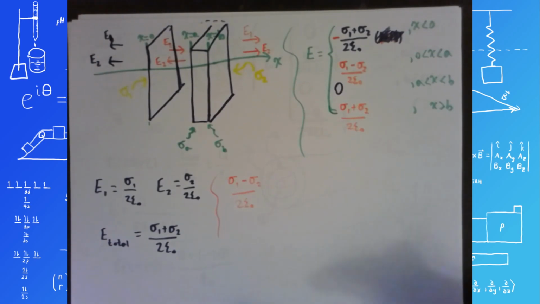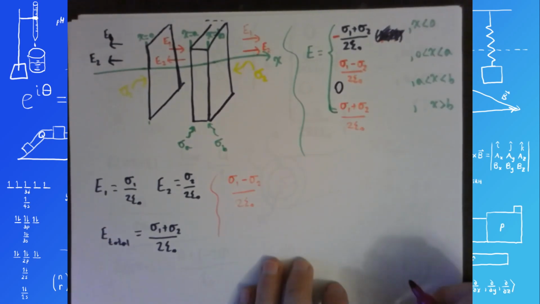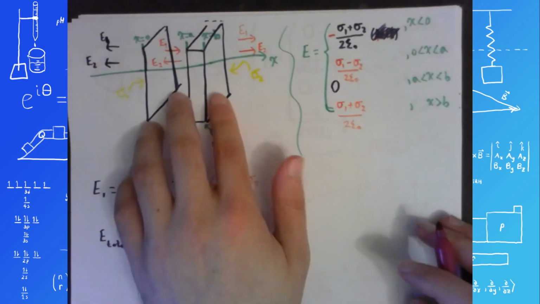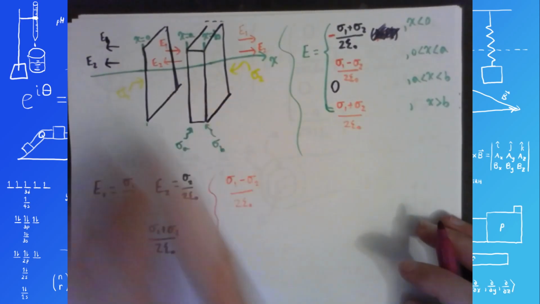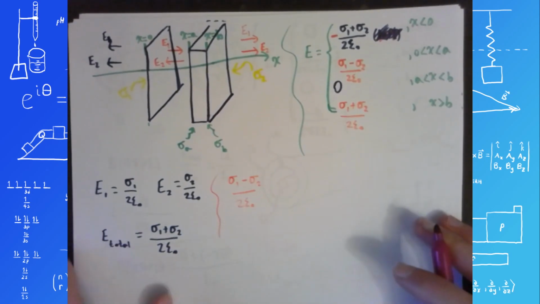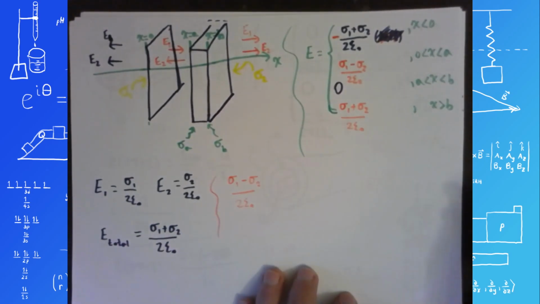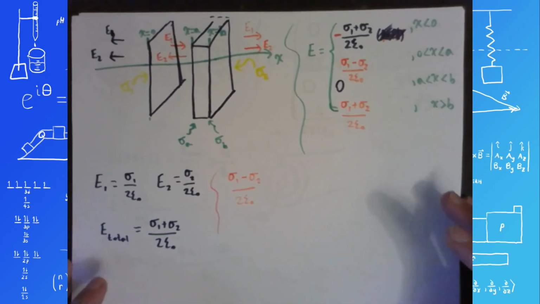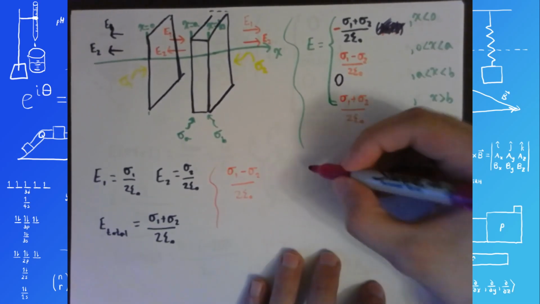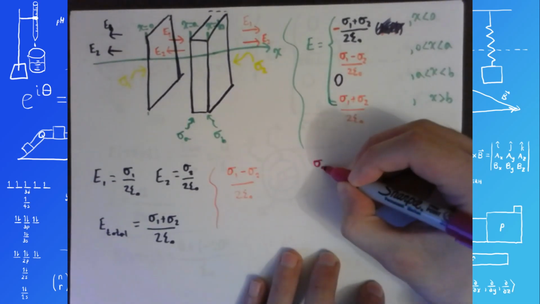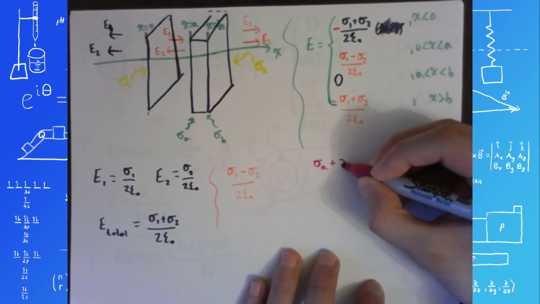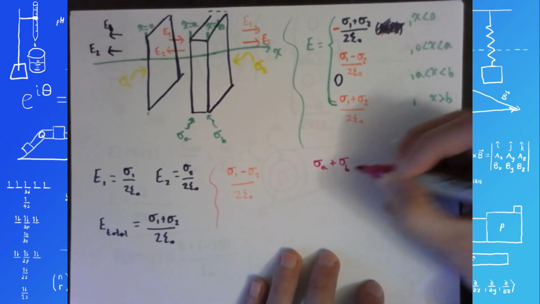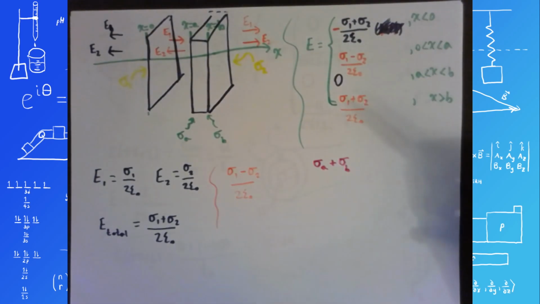So essentially, what you're doing here is think of it as replacing this infinite slab with just two sheets whose total surface charge density is sigma 2. So whatever sigma A is and whatever sigma B is, sigma A plus sigma B at least, hold on.